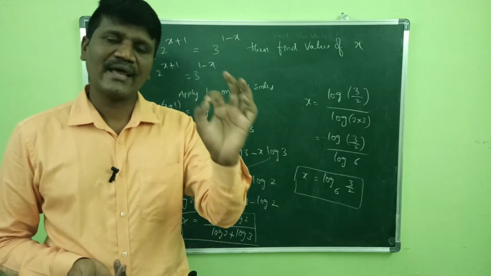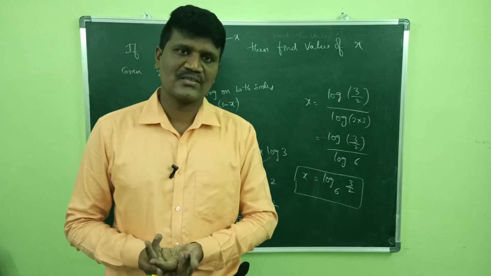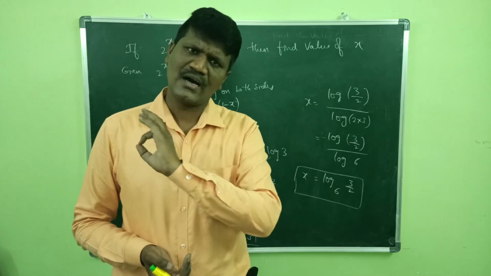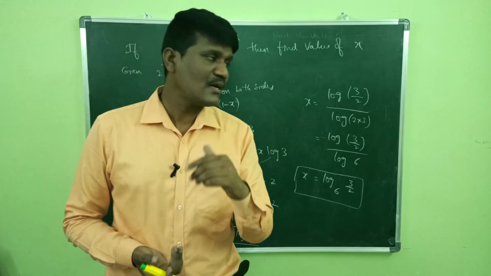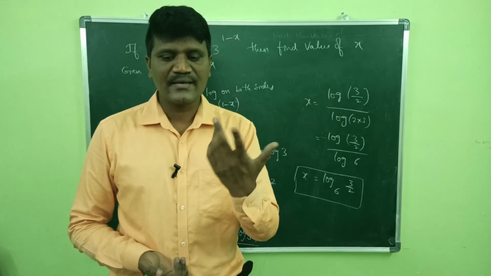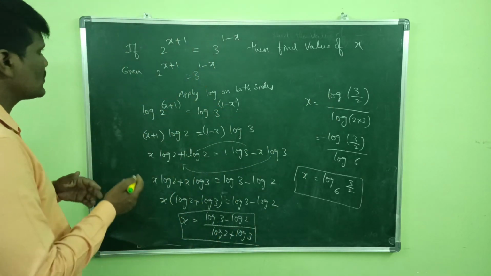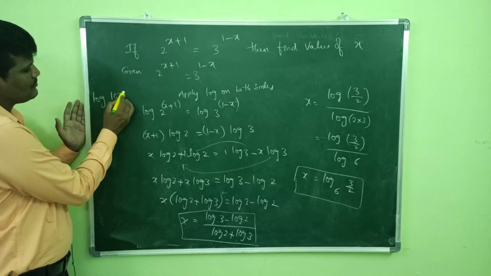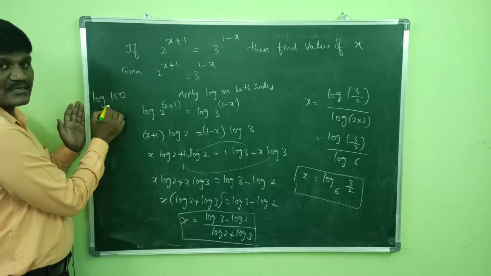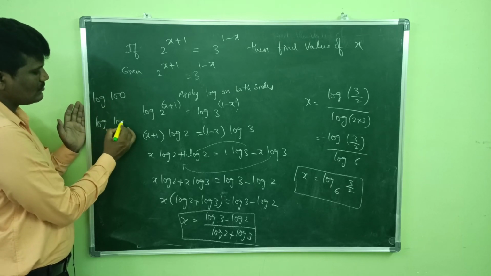Log 2 is an irrational number, as we said in the earlier classes. Log 2, log 3, log 5 all are irrational numbers. And also they ask whether log 100 is rational or irrational. So if you observe log 100, nothing is there means the base is 10, right?